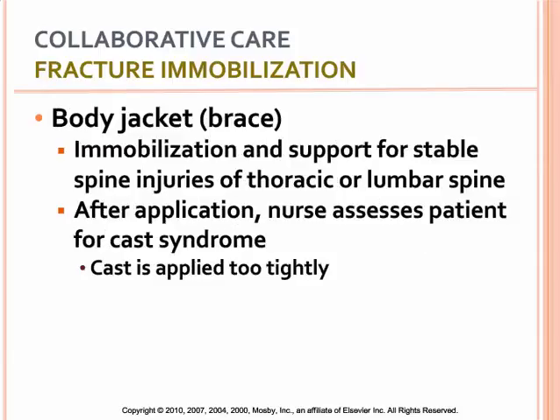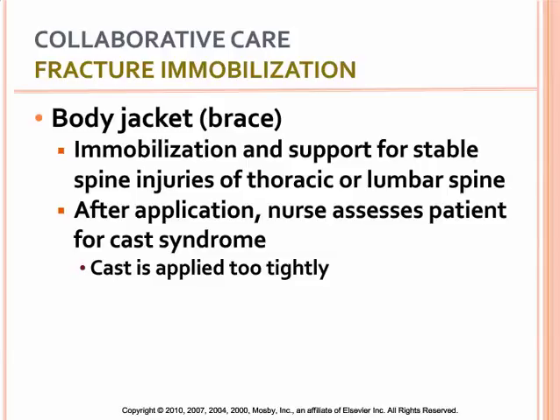A body jacket or brace is used to immobilize and support stable spinal injuries of the thoracic or lumbar spine. The cast is applied around the chest and abdomen and extends from above the nipple line to the pubis. After application, the nurse should assess the patient for cast syndrome, which happens if the cast is applied too tightly.